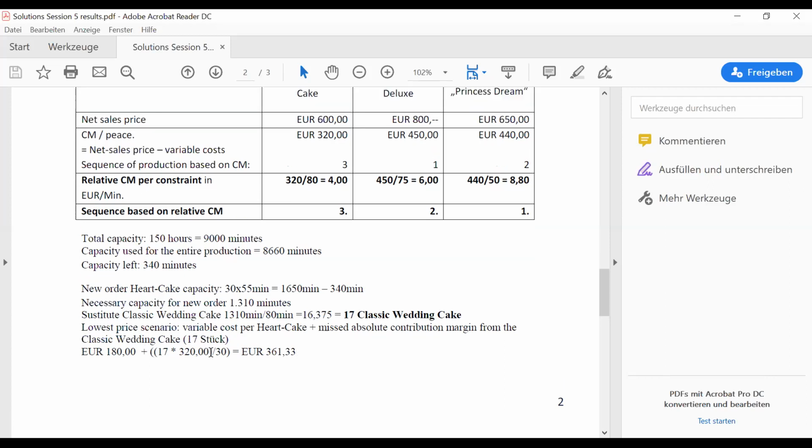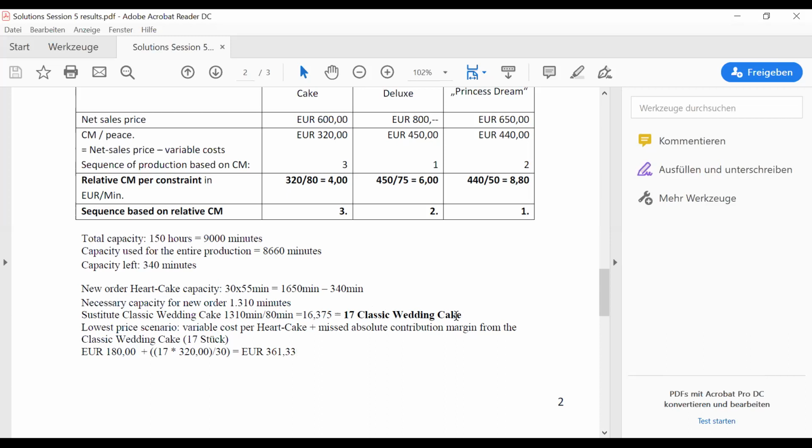That contribution margin that we calculate here, so the missing contribution margin, that is what we call opportunity costs, because I have the opportunity to skip the 17 of the wedding cakes and take on the additional order of the hard cakes, or I have the opportunity to say no and continue to bake the 17 classic wedding cakes.